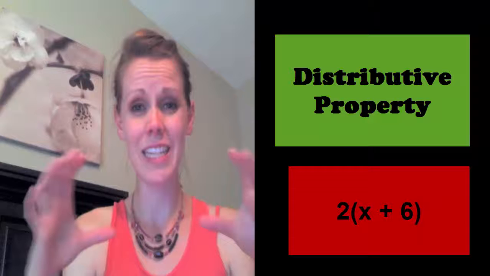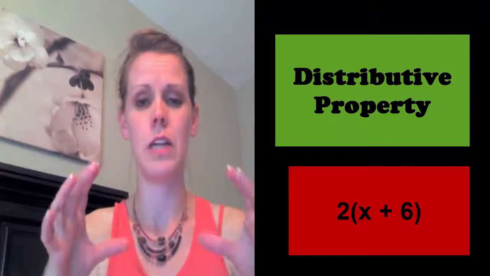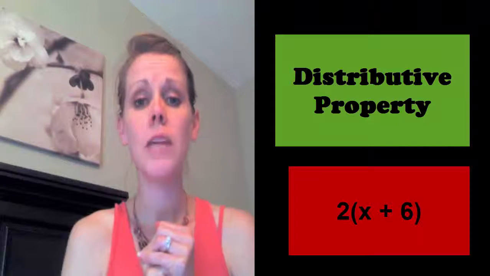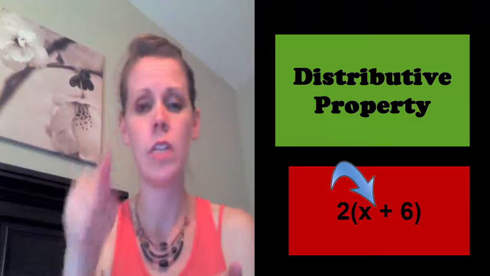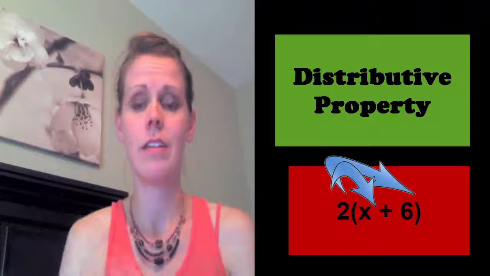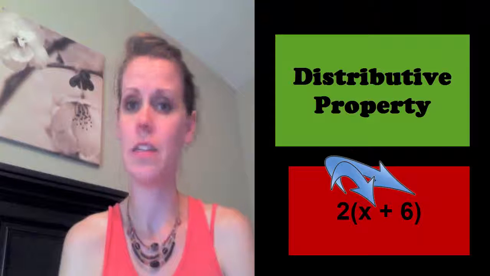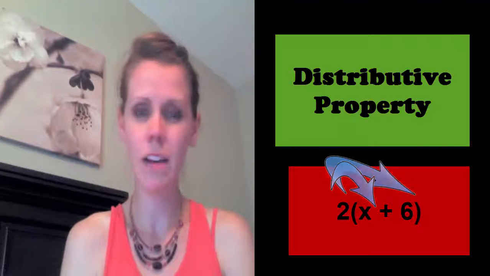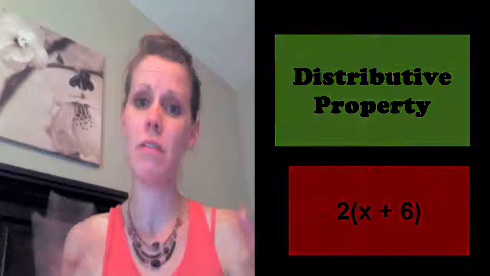If you have a number on the outside, and then numbers or variables on the inside, which you'll see in the future, you can use multiplication to distribute that outside number to everything on the inside of the parentheses. That's just a shortcut, and it's going to help you simplify your answers in the future. Okay, and you'll see some examples of that coming up.